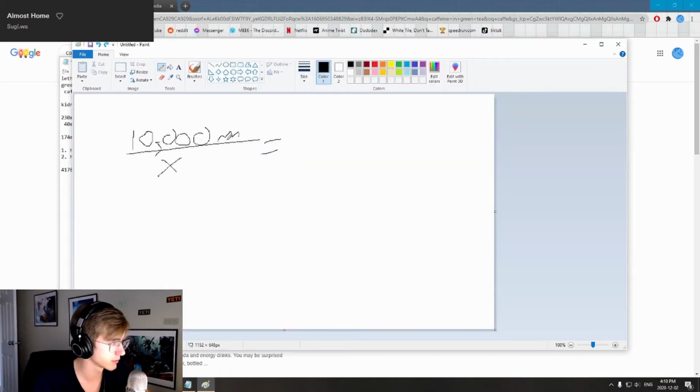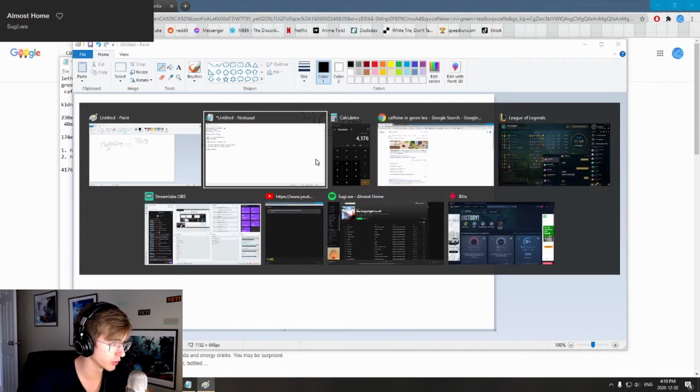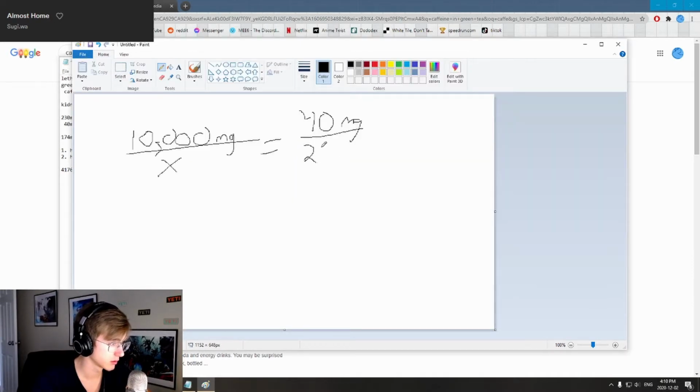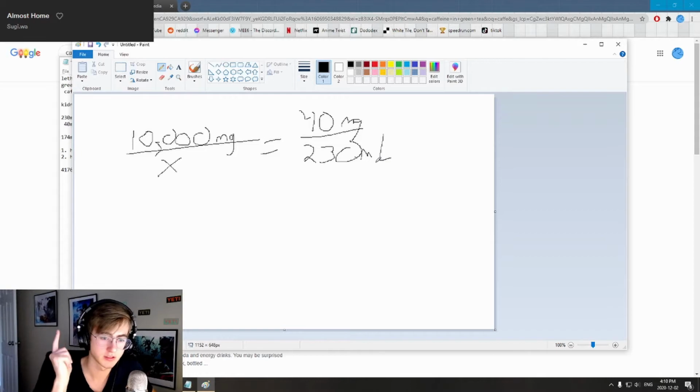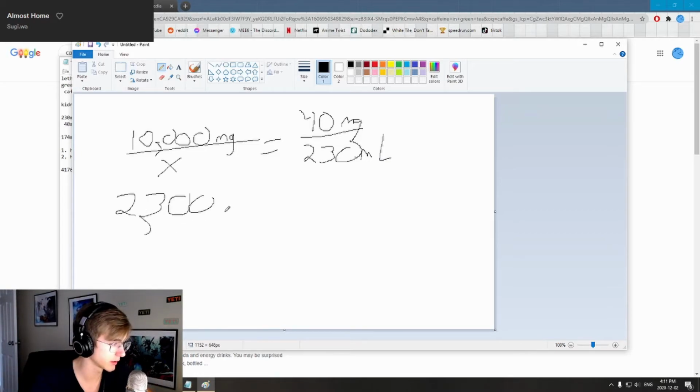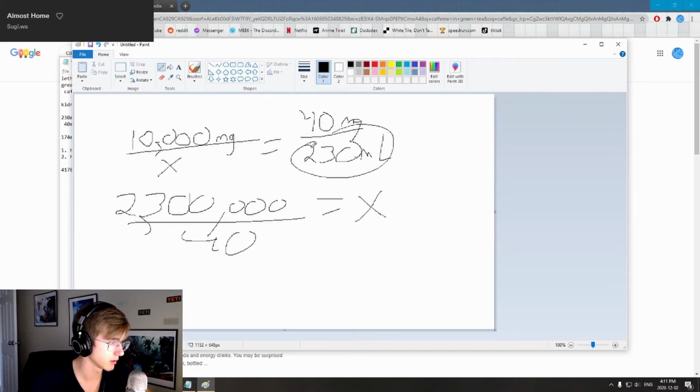Oh shit, boys. 40 milligrams over 230 milliliters of tea. That's 2,300,000 divided by 40 equals X. So what I did, move this over there, multiply, and then divide by this, and move that up here.